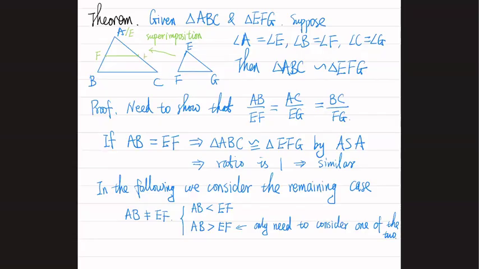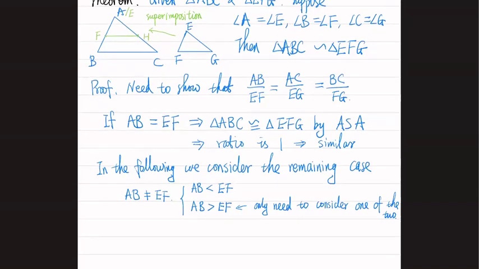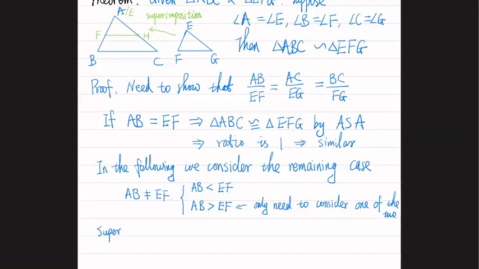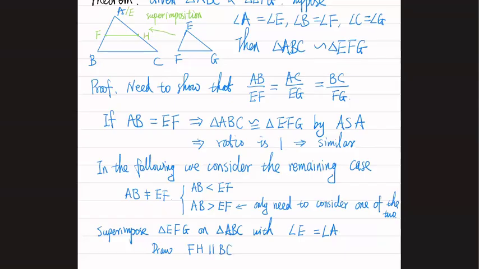Let's call it H. Okay, so the steps: superimposition, impose E, F, G on ABC with angle E on angle A. Then draw FH parallel to BC.